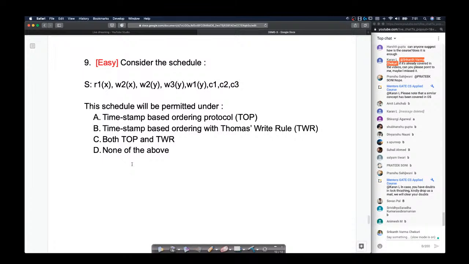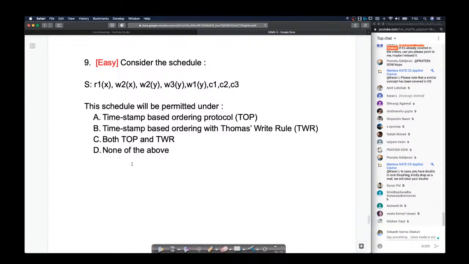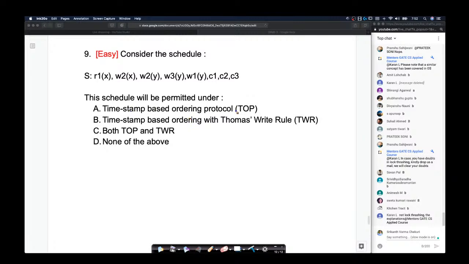If you know how to do the timestamp based ordering protocol and Thomas Write Rule, it's straightforward. I think most of you got it right except for one or two of you. This is an easy problem. The reason it's easy is if you just know the definition of how TOP and TWR work, you can easily understand how everything works.